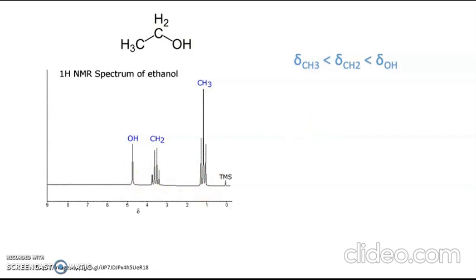Now we are jumping to the spin-spin interaction. How can we determine the multiplicity? Consider this CH3. By the rule, if n equivalent protons interact on the adjacent carbon, the peak splits into n plus 1. For this CH3, the interacting protons are the 2 protons of CH2, so n is 2. The signal is split into n plus 1, that is 2 plus 1 is 3. 3 signals means a triplet, having the intensity ratio 1:2:1.